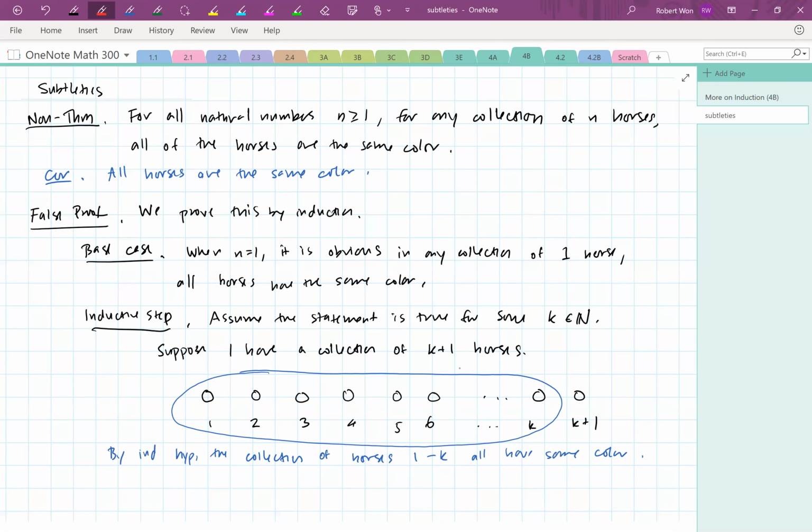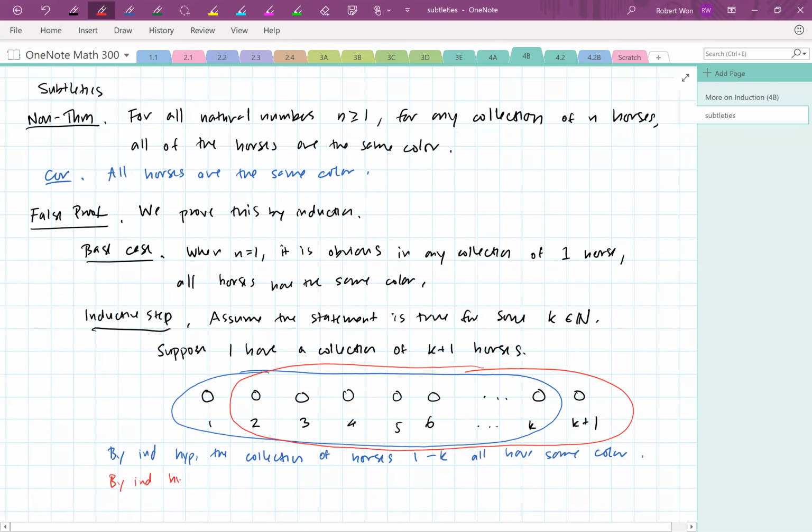And then the trick here is, if I circle these k horses, these also must have the same color, because that's a collection of k horses, right? Also by the induction hypothesis, the horses 2 through k plus 1 all have the same color. That's by the induction hypothesis.